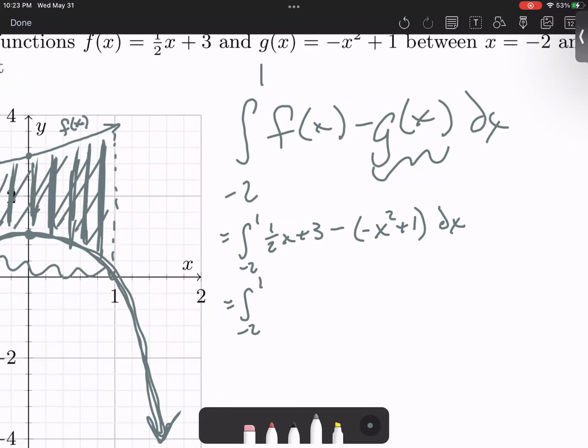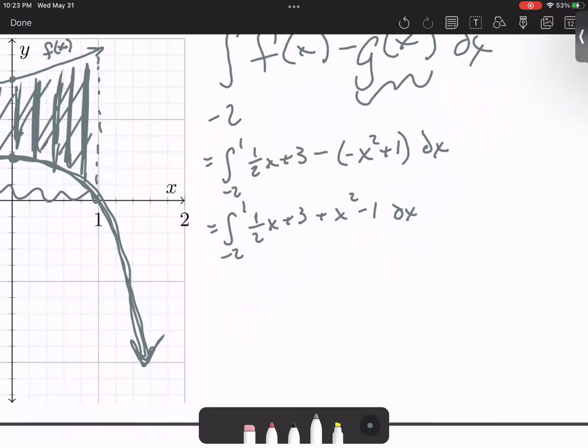Let's simplify the function first before we find an antiderivative. This will be 1/2 x plus 3 plus an x squared minus a 1. So we can combine that plus 3 and minus 1. We end up with x squared plus a 1/2 x plus 2.